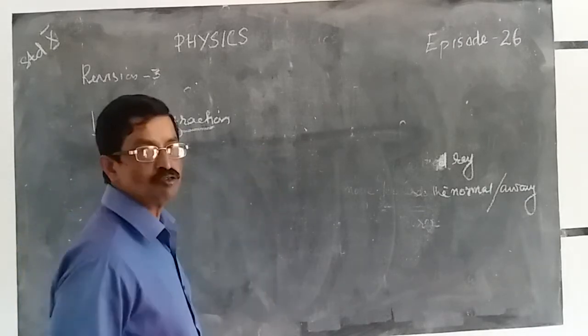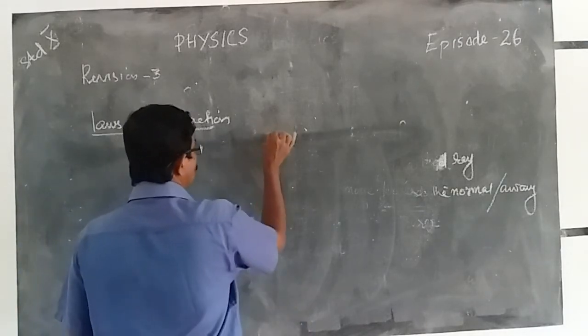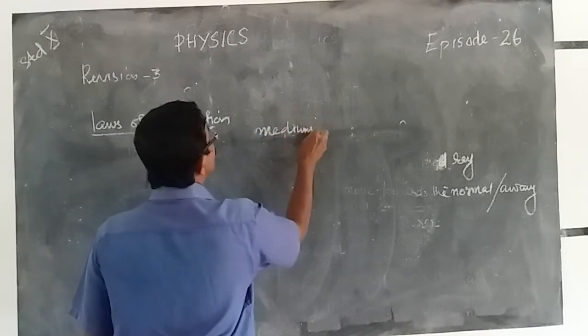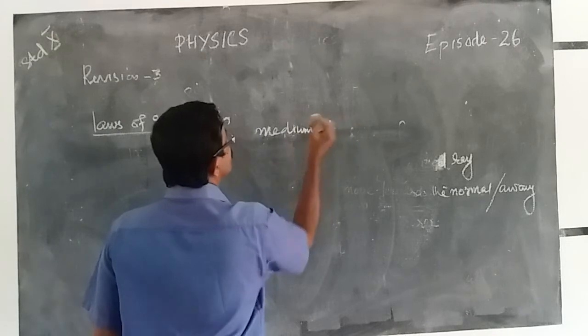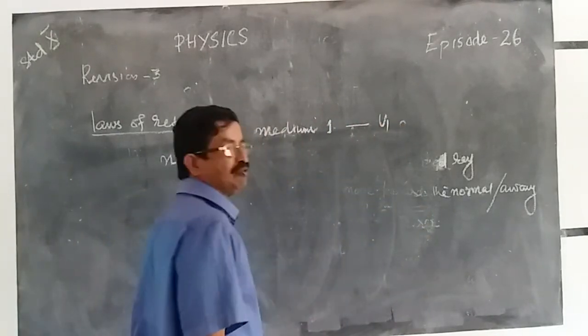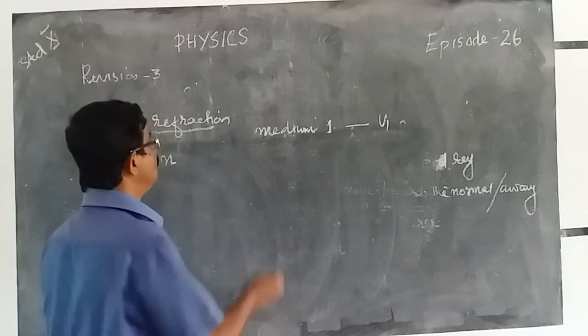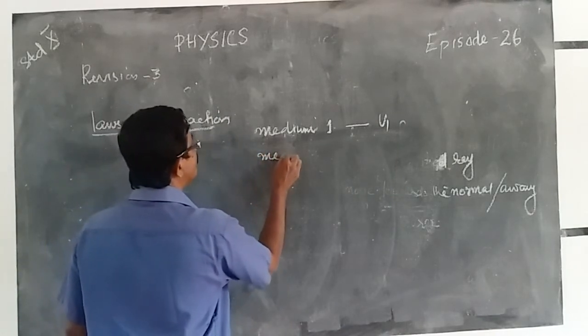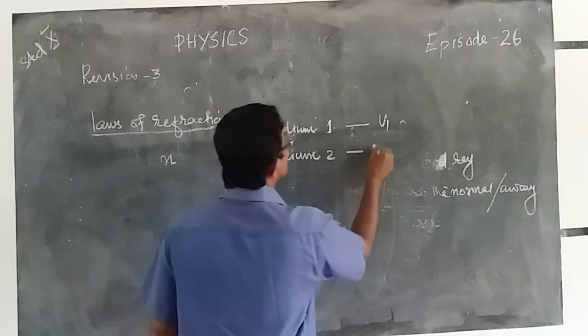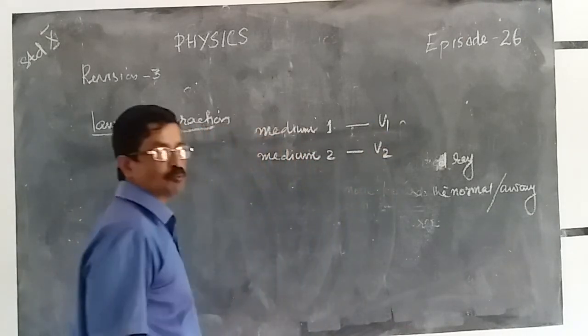Let us consider two media. Medium 1, through which the speed of light is, let it be v1, and second medium 2, through which the light travels at a speed of v2.